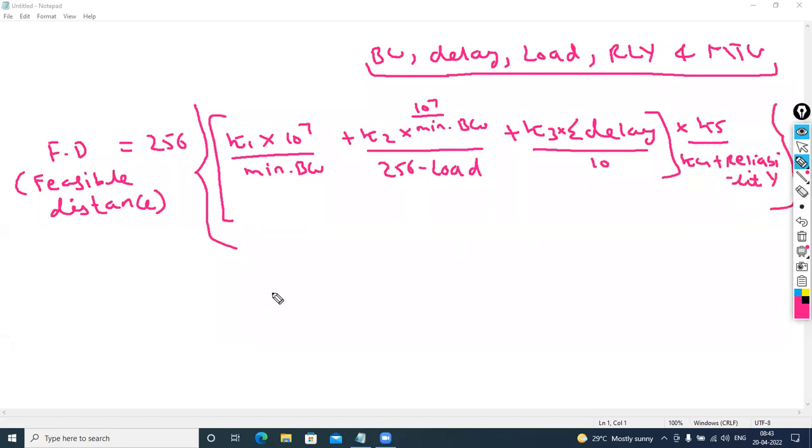So this is the formula it uses to calculate the best path.